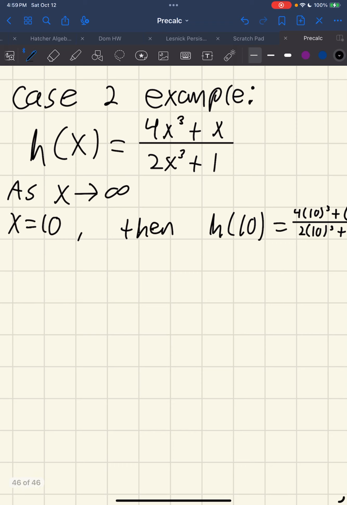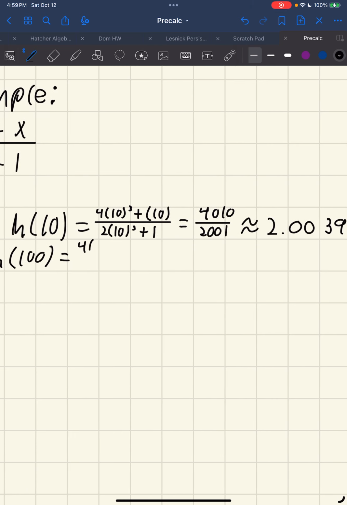Let's make x larger. x is equal to 100. Then h of 100, well, this will be 4 times 100 cubed plus 100 all over 2 times 100 cubed plus 1.